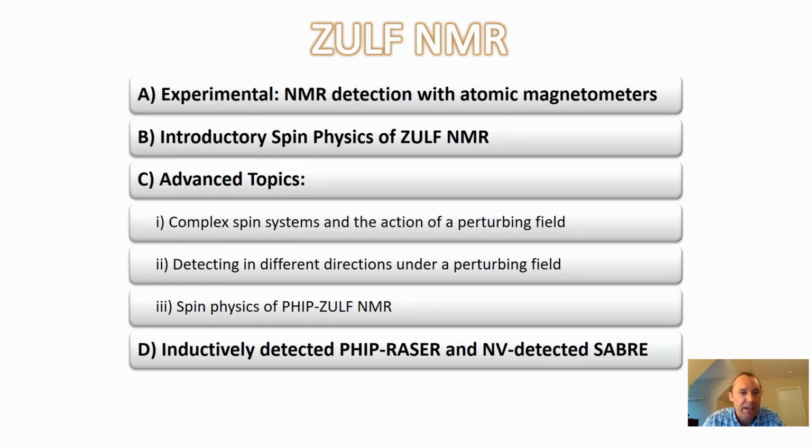And this is what happens if the spin systems get more complex, with many J-couplings, and maybe there's a perturbing field around.